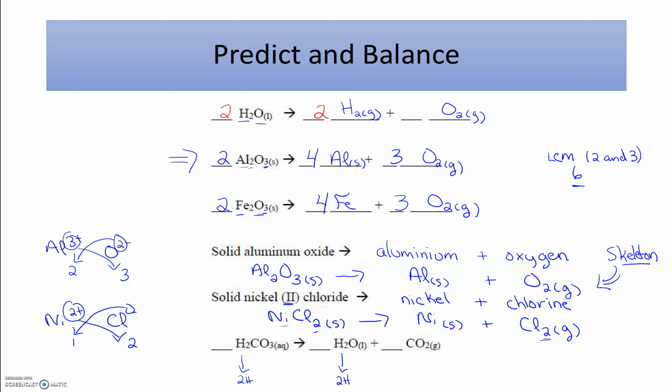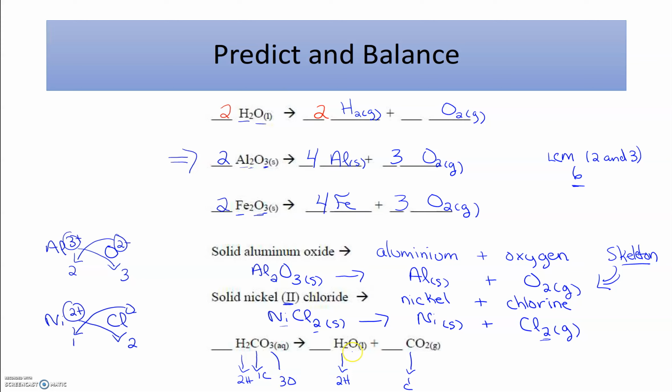So hydrogen is balanced. I've got 1 carbon on my reactant side, and 1 carbon on my product side. On my reactant side, I've got 3 oxygens.